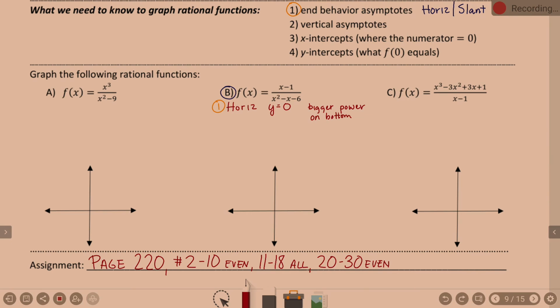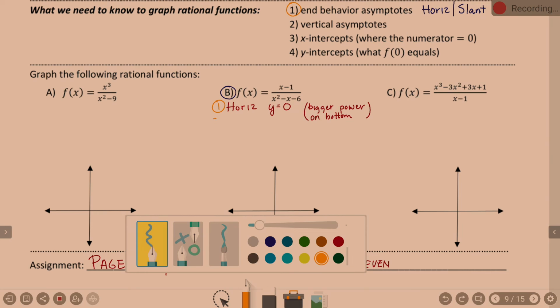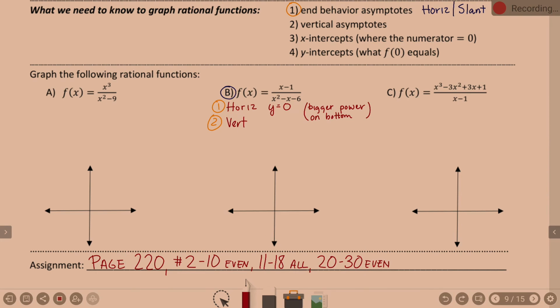Step 2. Vertical asymptotes. Is there one? It'd be 3 and negative 2. Why? Factored it. That's the denominator. Does it factor?